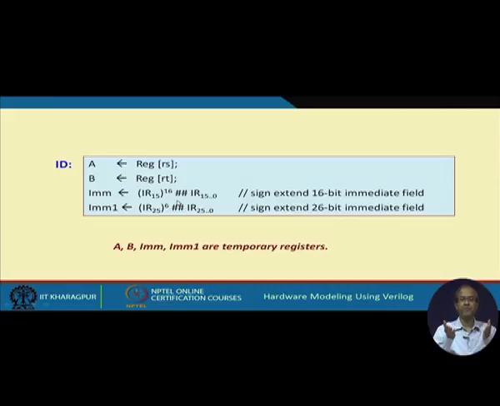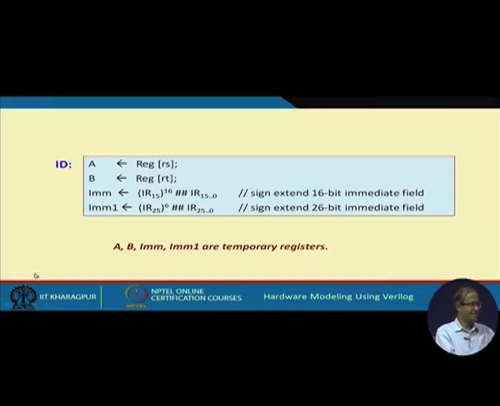Of course, when you write in Verilog, we have other ways of representing this. There are those curly brackets, concatenation operation, and replication operation. But this is a symbolic notation, not Verilog. I am just writing it in symbolic notation. And these A, B, IM, etc., are all temporary registers which will be required later.